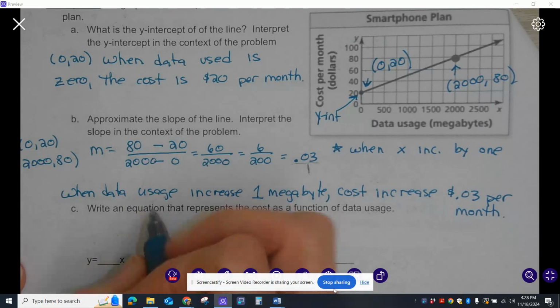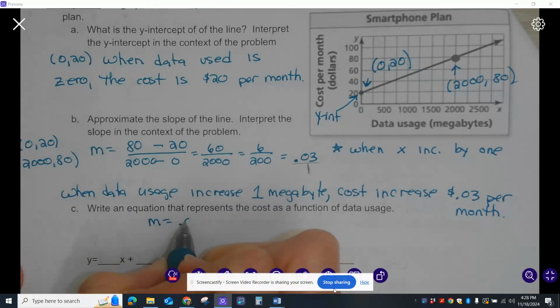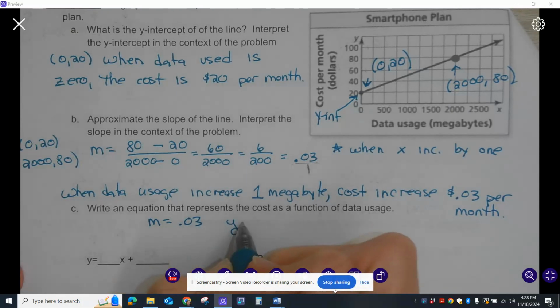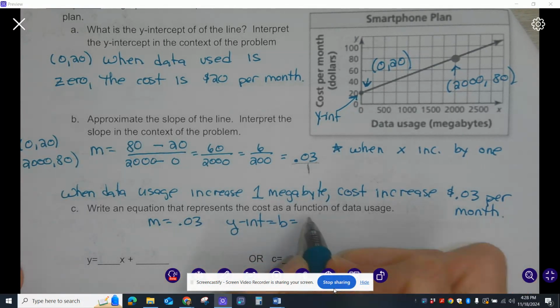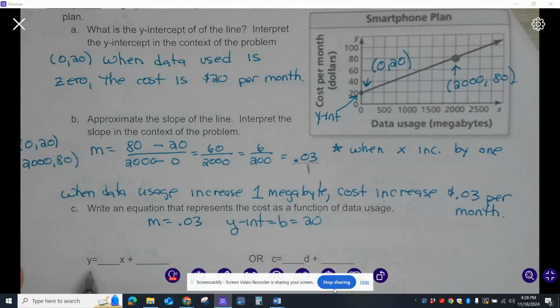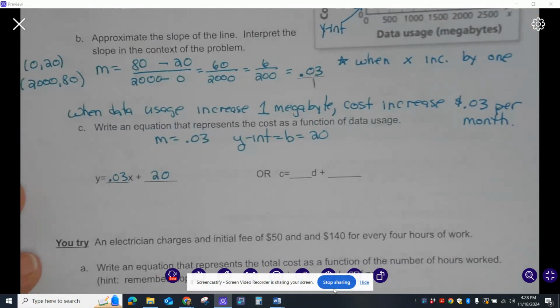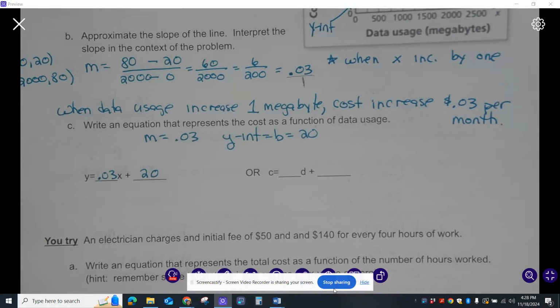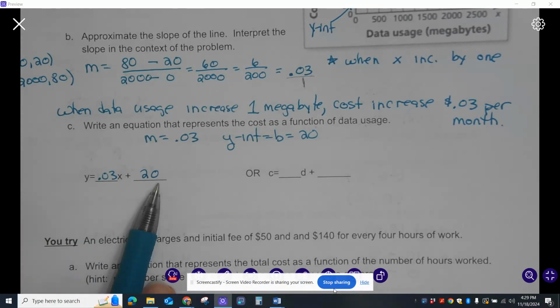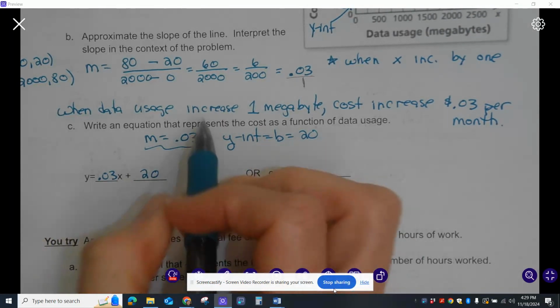Okay, write an equation that represents the line as a function of data usage. Well, we know our slope, and we know our y-intercept, which is b, and we said that was 20. So y equals mx plus b. Your slope is 0.03.